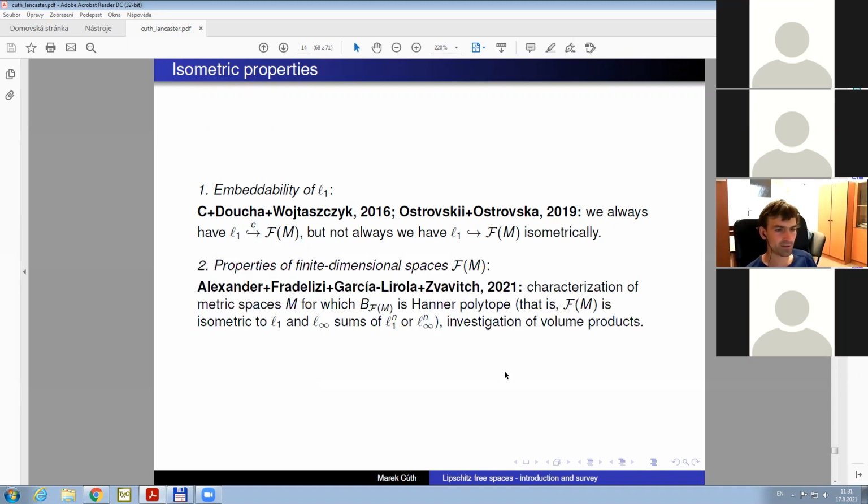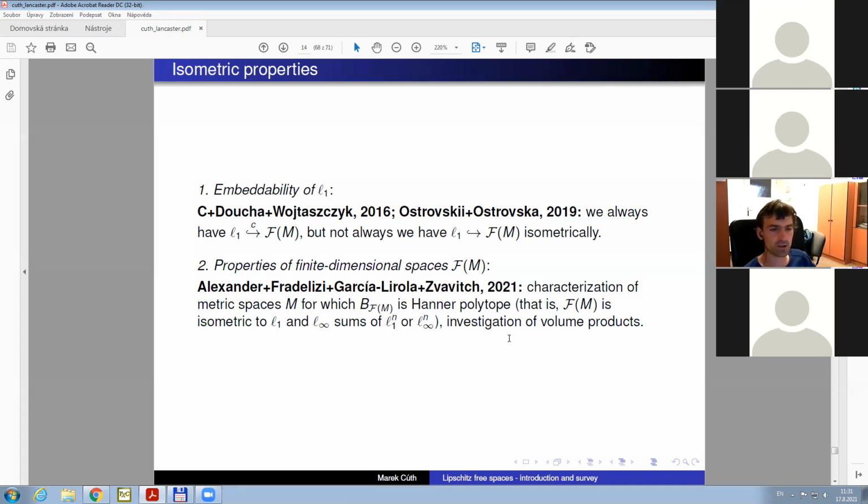Another topic is properties of finite dimensional Lipschitz-free spaces. For example, in a recent paper by Alexander, Fradelizi, Garcia-Lirola, and Zvavitch, the authors characterized metric spaces for which the ball is Hanner. The ball in a Lipschitz-free space is a Hanner polytope, and they investigated volume products and so on.